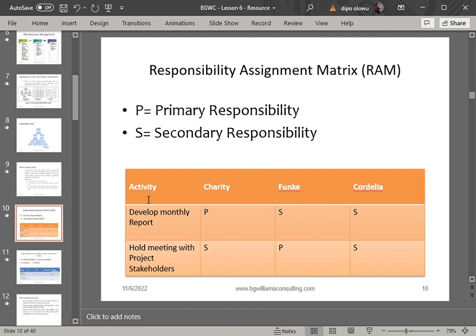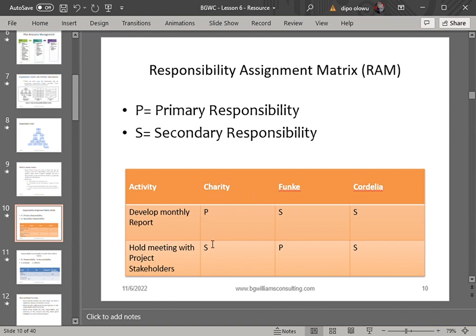You see these are the activities: develop monthly reports, hold meeting with project stakeholders. You can see P represents primary responsibility, S represents secondary responsibility.